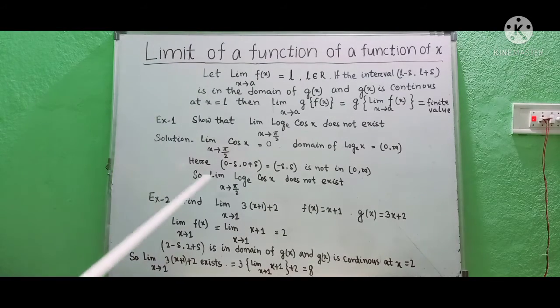So the limit of log cos x as x tends to pi by 2 does not exist. Okay, perhaps you have understood.